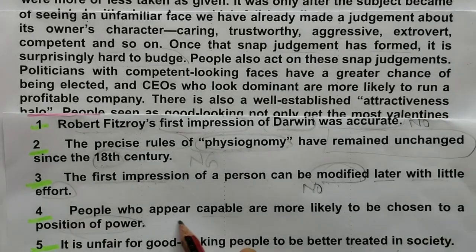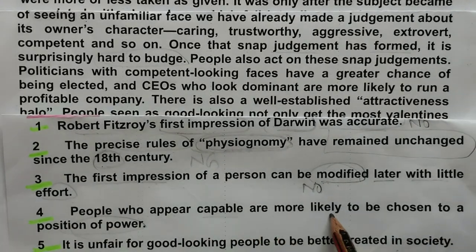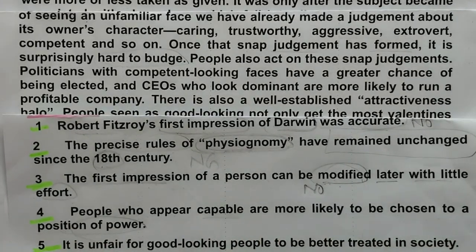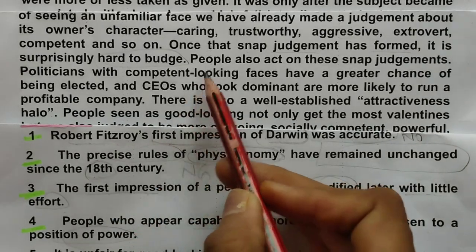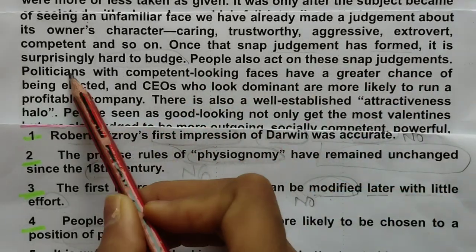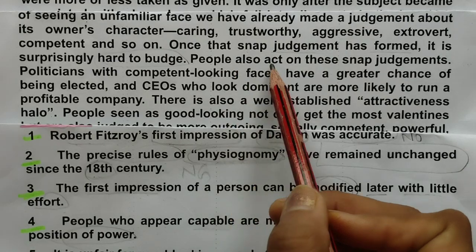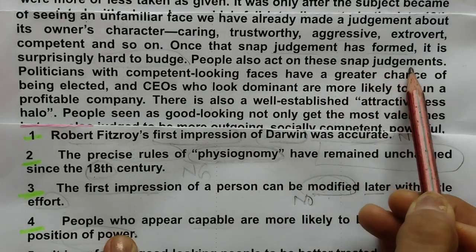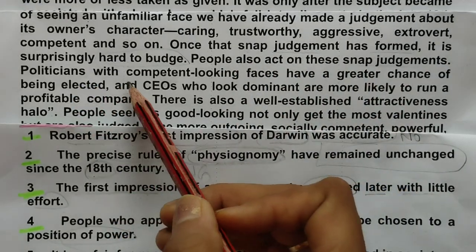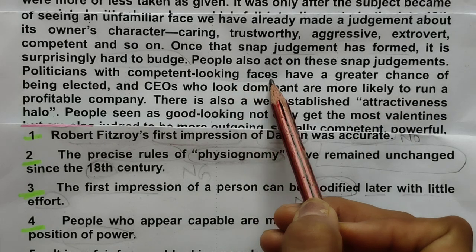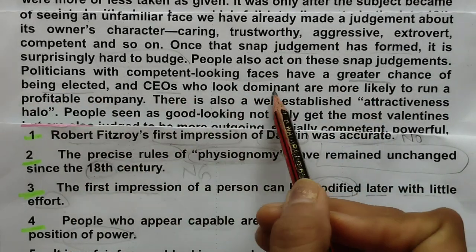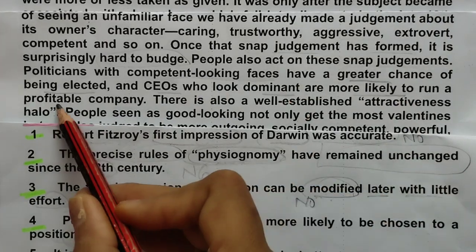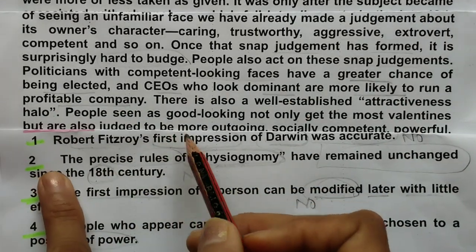See this, people who appear capable are more likely to be chosen to a position of power. Okay, this is the question. And once the snap judgment has formed, it is surprisingly hard to budge. People also act on those snap judgments. Politicians with competent looking faces have a greater chance of being elected, and CEOs who look dominant are more likely to run a profitable company.